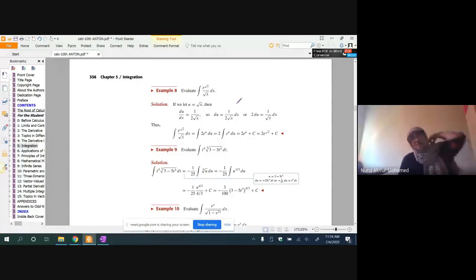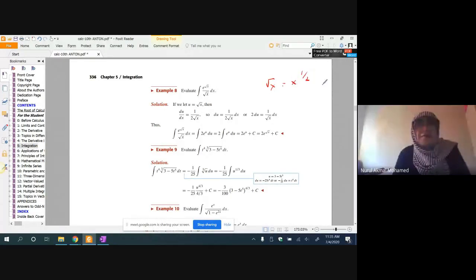Evaluate integration of e to the power of negative x divided by square root of x. Okay, so you want to let u equal to the square root of x. So you differentiate u in terms of x. You will get 1 over 2 square root of x. This is just power rules, because square root of x is equal to x to the power of 1/2.